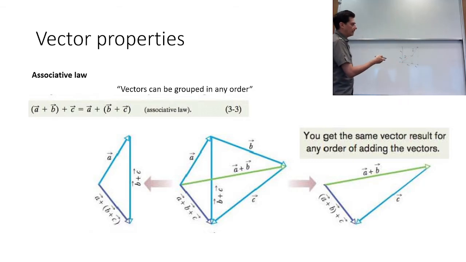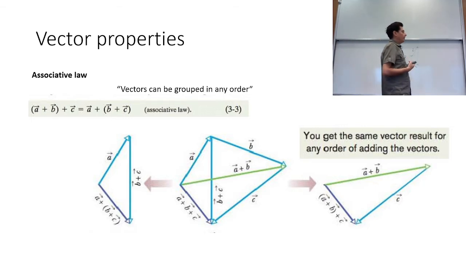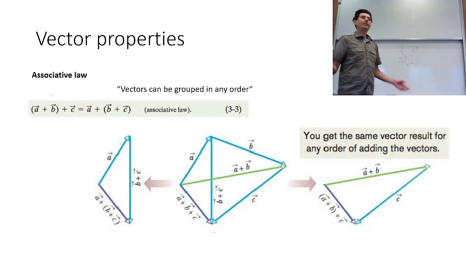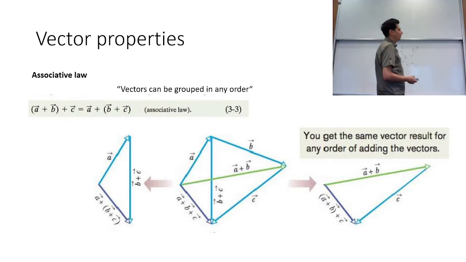So for example, if you've got three vectors a, b, and c, then you can first start by adding a plus b, and then add that result to c. Or you could start by adding b and c, find that, and then add the result to a, and you will again always get the same answer.